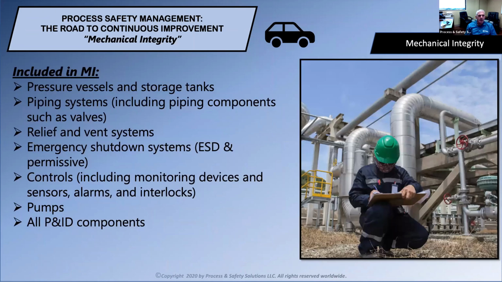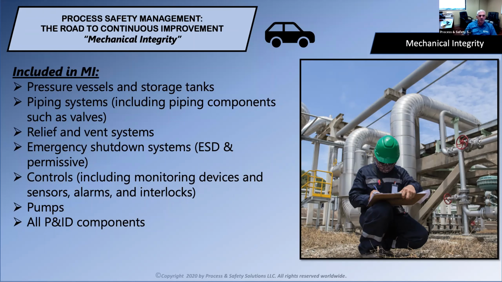So included in MI are pressure vessels and storage tanks. Piping systems include piping components, and that includes valves. Maybe if a filter is installed, but that housing isn't large enough to fall under ASME Section 8 or a vessel code, it may fall under the piping code and would have to be inspected and tested accordingly there.